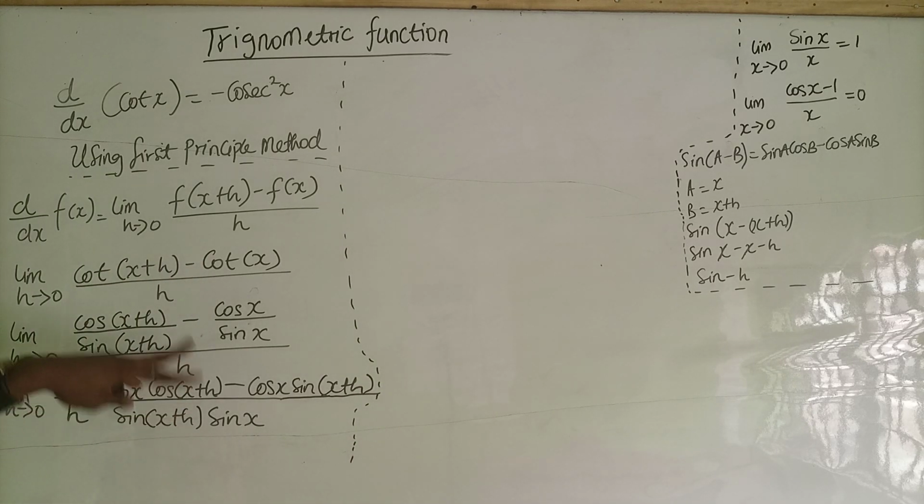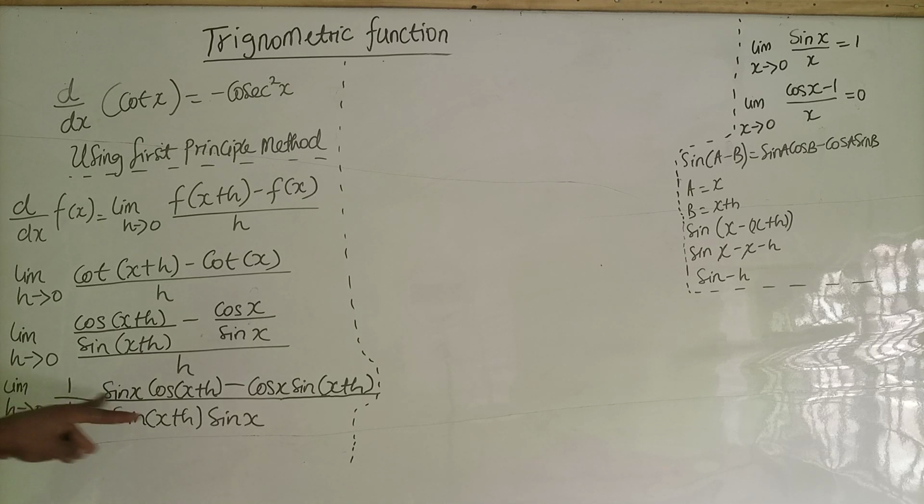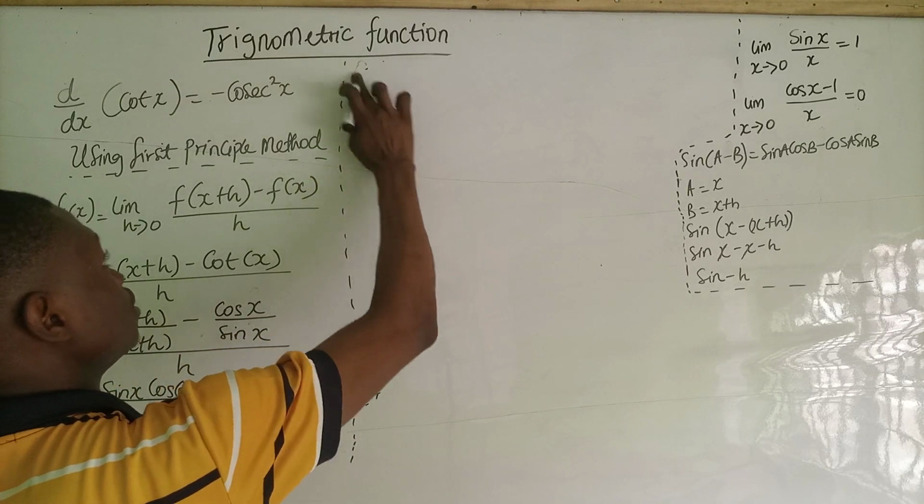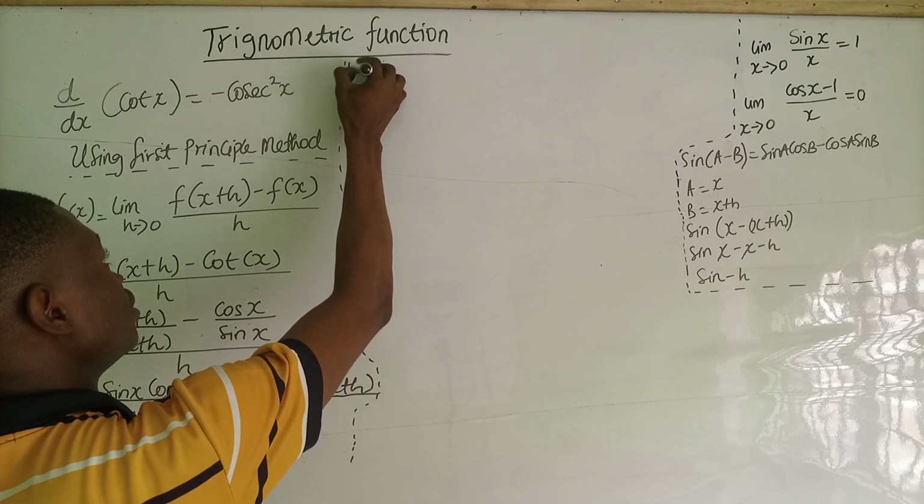So we are going to have that 1 multiplied by all these things. Remember to always put your limit.